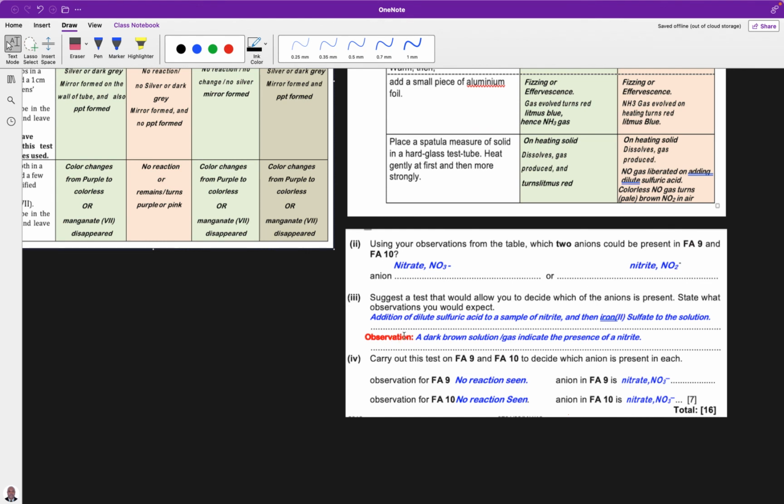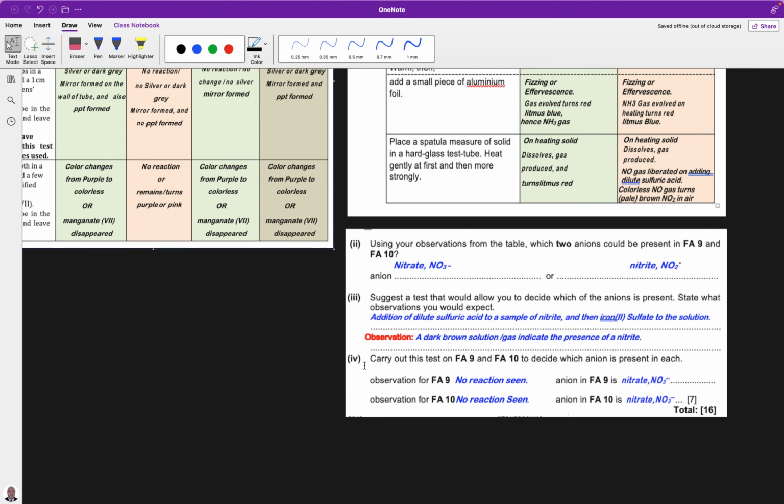My observation was this: there was a dark brown solution formed, or a dark brown gas also observed. This indicates the presence of a nitrite.